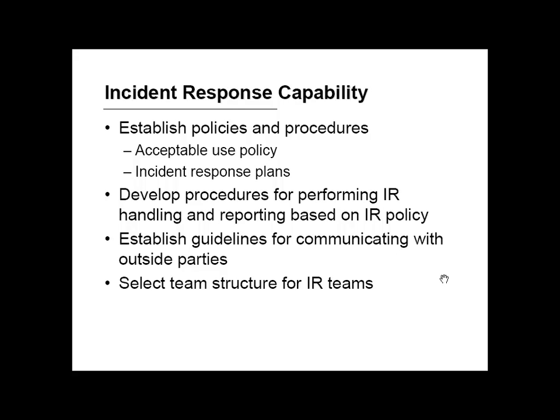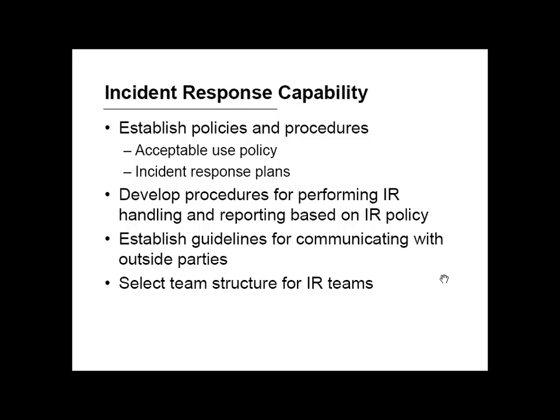And you would also want to have security policies, security practices, and finally an incident response plan for each type of incident that could occur in your organization. You also want to be careful that you establish guidelines for communicating with outside parties, including law enforcement and others in organizations that may be related to you.